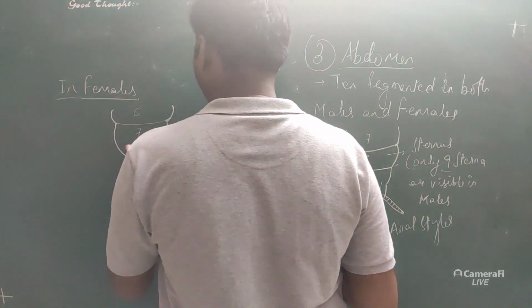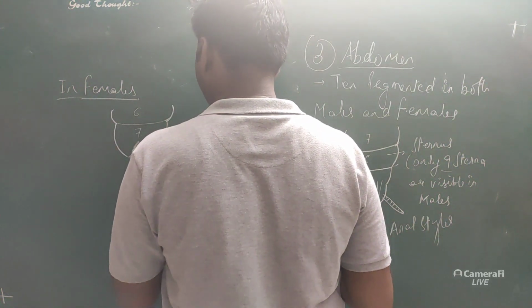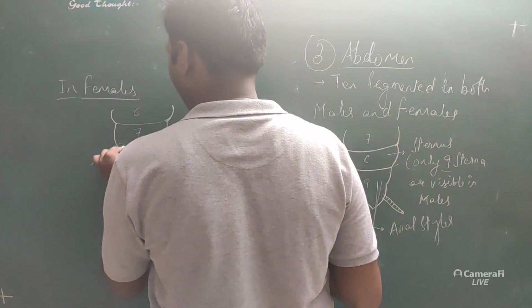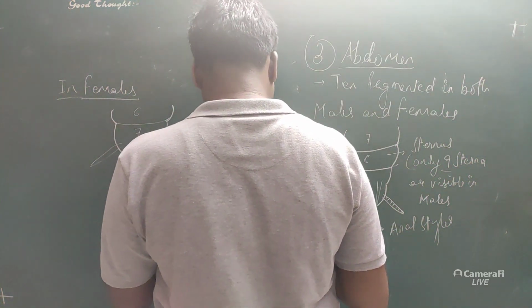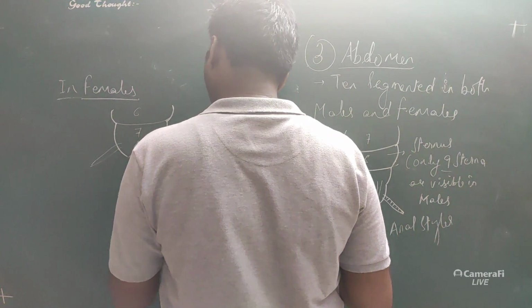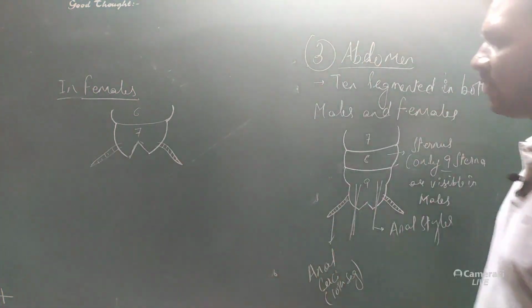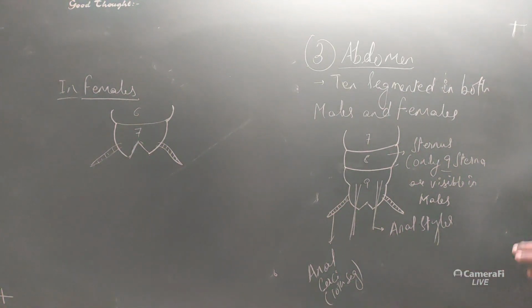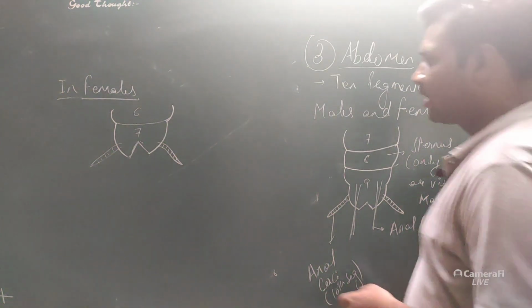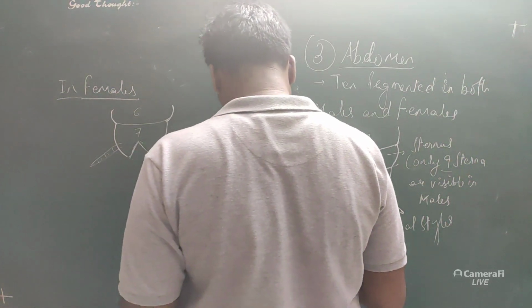They consist of the anal cerci. But anal styles are not seen in females. In males we can see the presence of anal styles. So that is a significant difference between both of them.